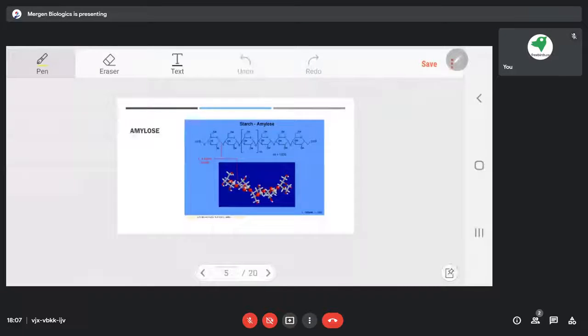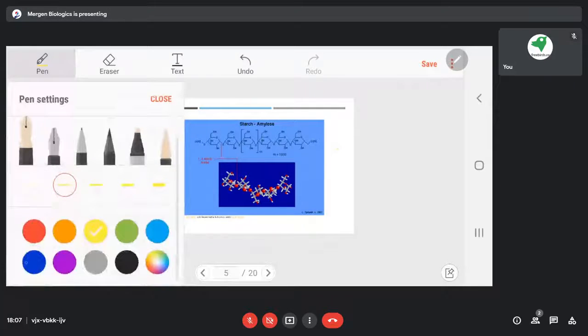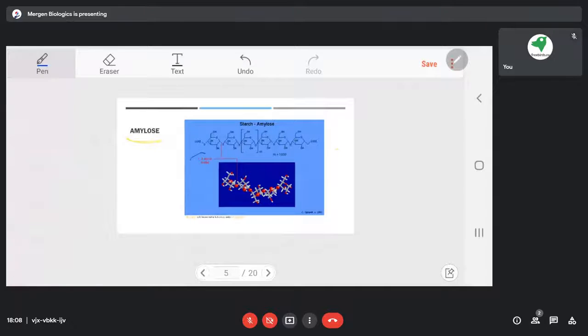For amylose, all the glucose molecules, as you can see, these are glucose molecules, form a linear structure, and then they are known as amylose. Let me change to another color so that you can visualize it very clearly. As you can see, all these are linear structures, and that's why it is known as amylose.